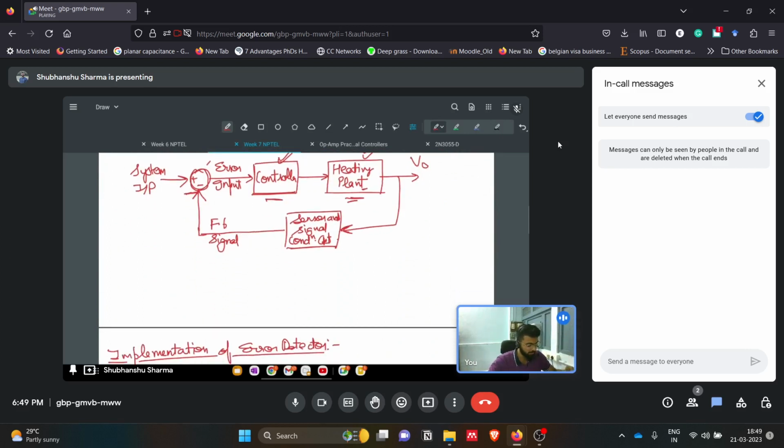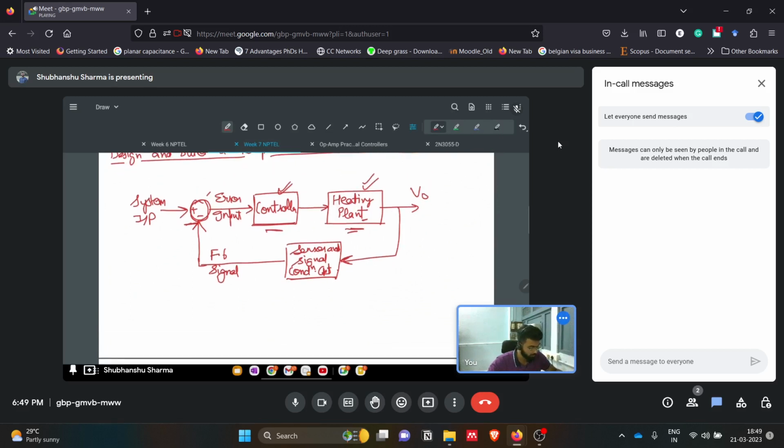For that we had a feedback system in which we use a controller, a heating plant whose temperature we are controlling, and a sensor sensing the heating plant temperature, then a signal conditioning circuit for that sensor. This signal is then fed back as error to the controller.